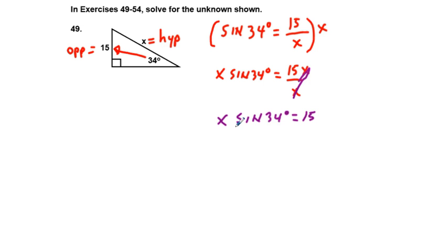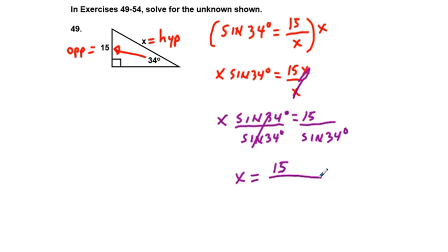Solving for x, we divide both sides of this equation by sine of 34 degrees. We have a cancellation of sine 34 degrees over sine 34 degrees to equal 1. So x is going to be equal to 15 over sine 34 degrees.